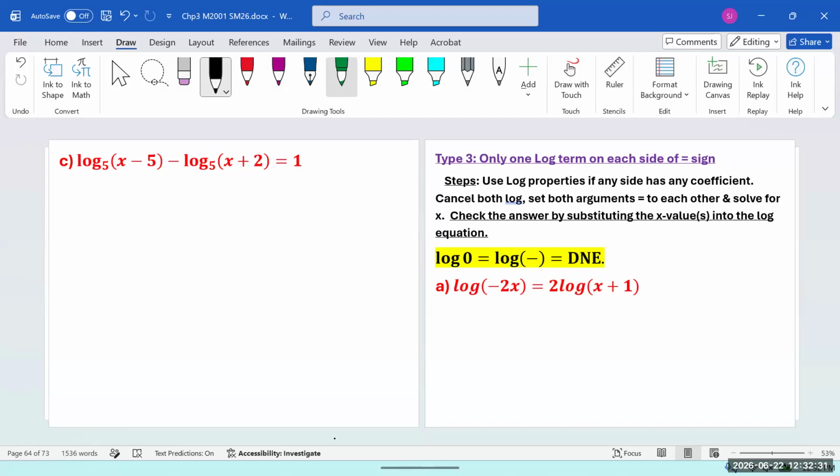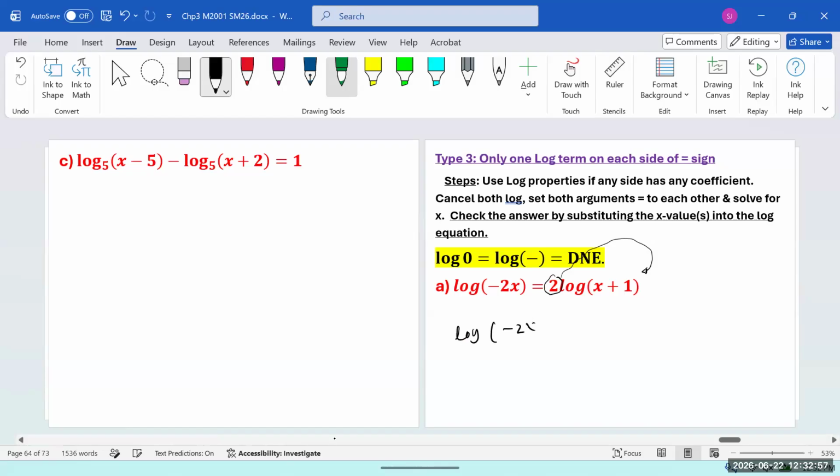Even if you divide by 2, it ends up getting to the left side. What can you do to get rid of the coefficient 2? In order to cancel them, they cannot have anything on the left side, cannot have anything on the right side, the logs. So you have to move it up as an exponent.